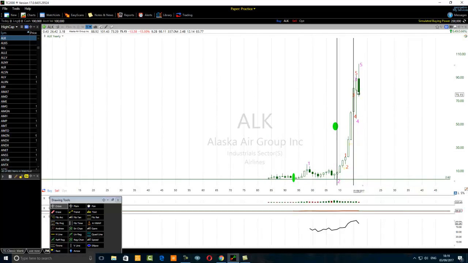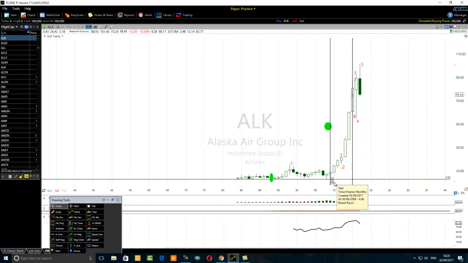Now we have all this tall move all the way up here, followed by this move coming down now. What is happening, my friend? So it's up to you. Do you want to go along with those who call it like this, or do you want to discount the second wave count?